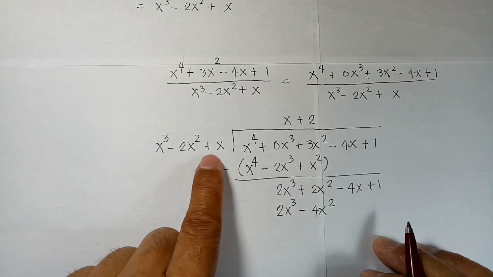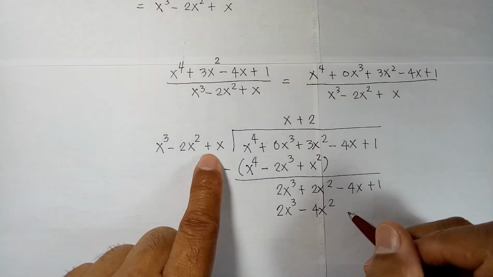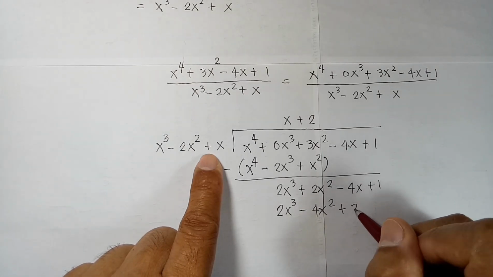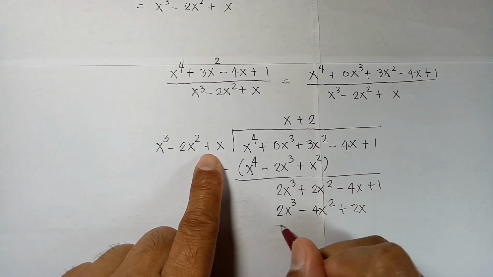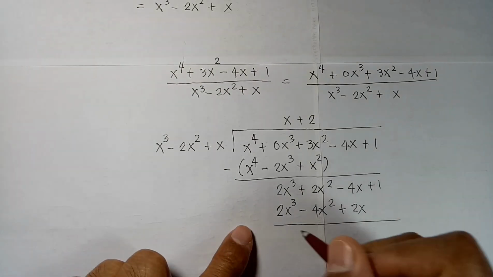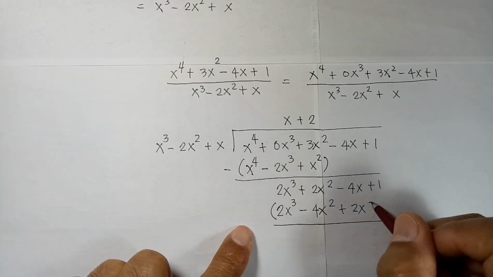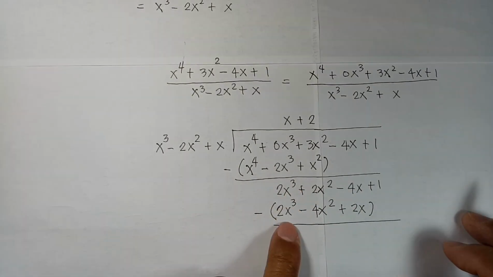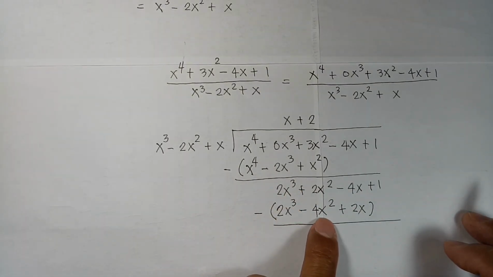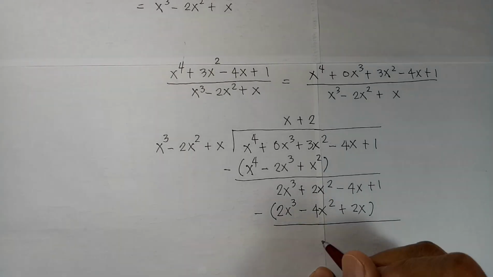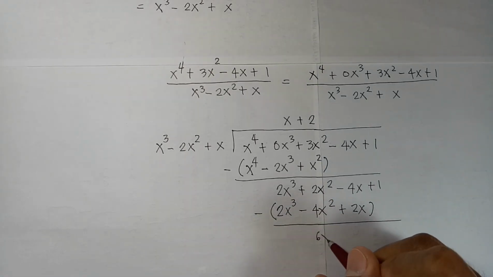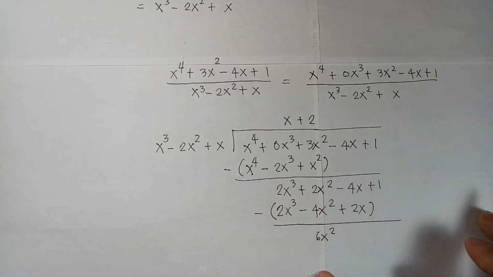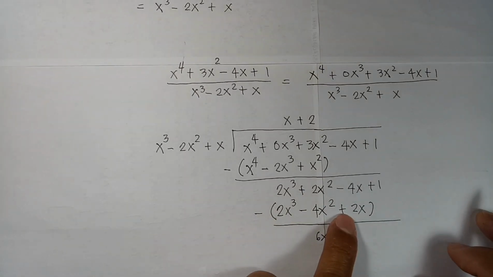And then 2 times x is positive 2x. And then subtract again. So we have negative, so 0. So this will become positive, no? So 2x squared plus 4x squared equals 6x squared. 6x squared. So this will become negative 2x.